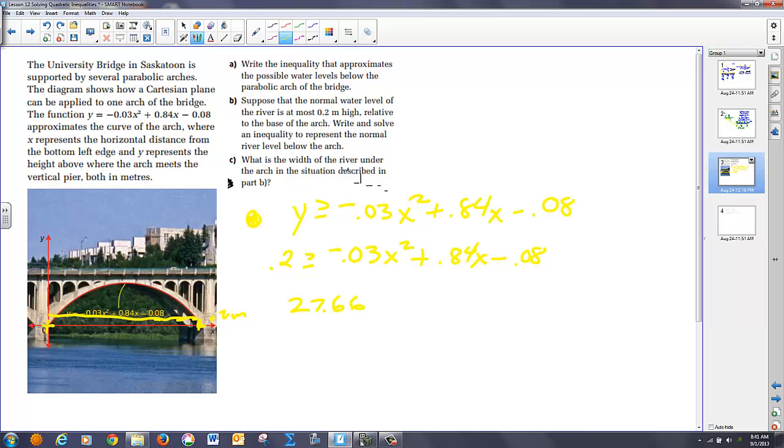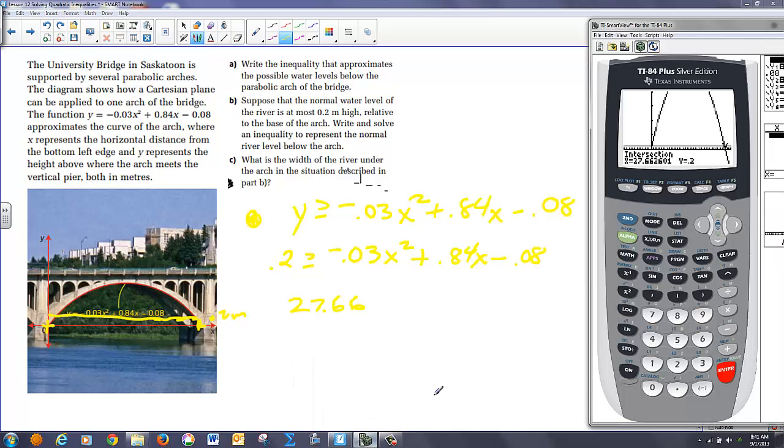And then let's find the other side. And we've got second calculate intersect. And we're going to move all the way over. It'll take a second to get there. There it is.